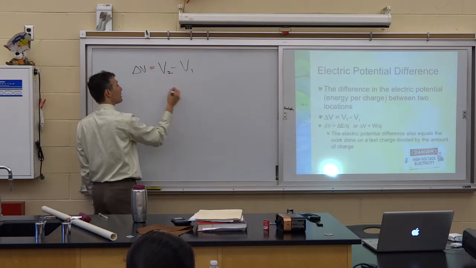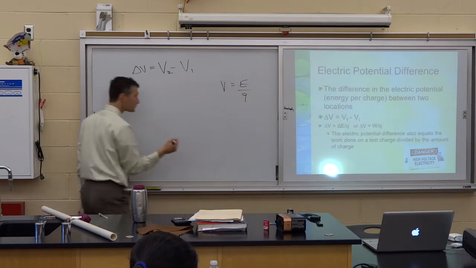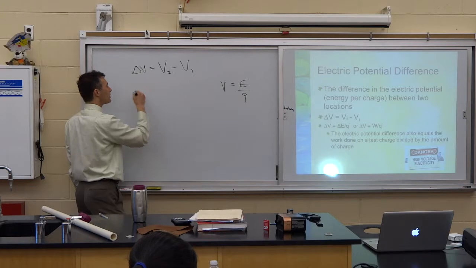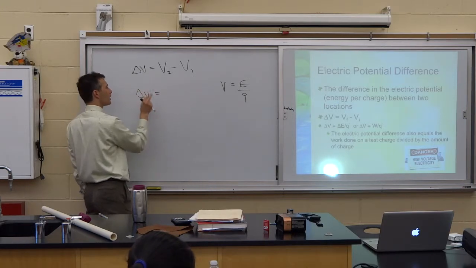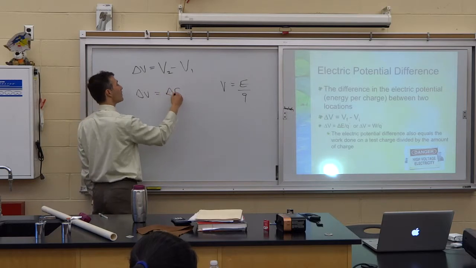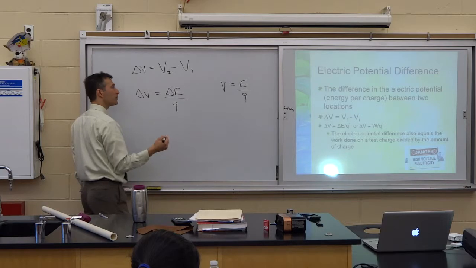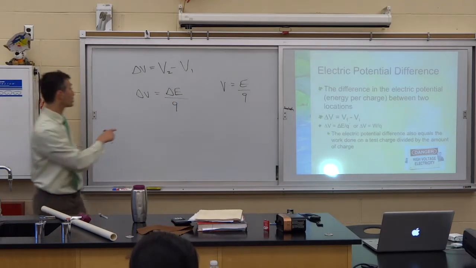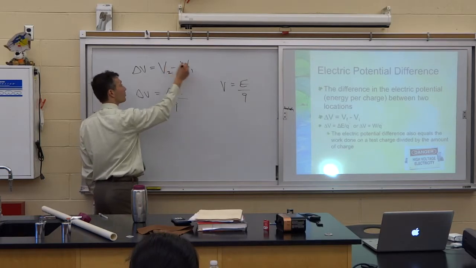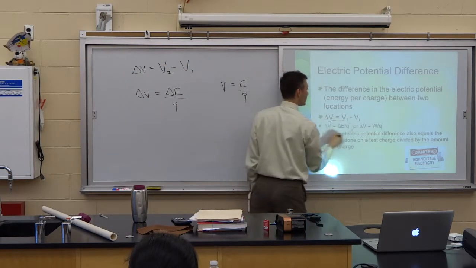Potential is the same thing as energy per charge, we said. So it would be absolutely correct to say that electric potential difference is equivalent to the change in energy that charges experience divided by how much charge is experiencing that change, right? So all I've done is just put in the E over Q for both of these, and I come up with this.